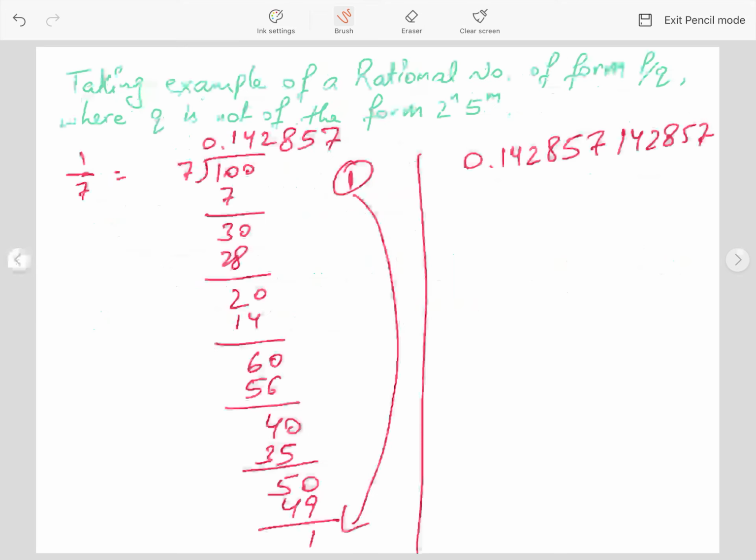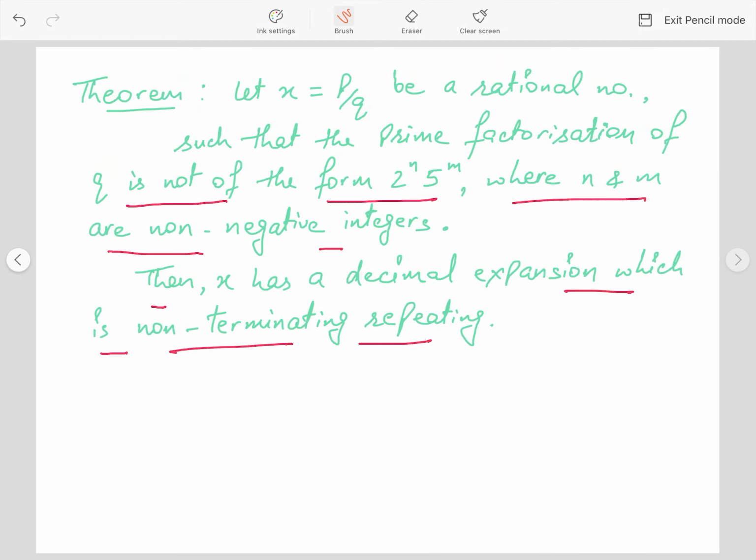So the decimal expansion, as we have seen in this example, is not terminating and it is repeating. After a particular point it is repeating again. So from this class we have concluded that the decimal expansion of every rational number is either terminating or non-terminating repeating. Thank you all.